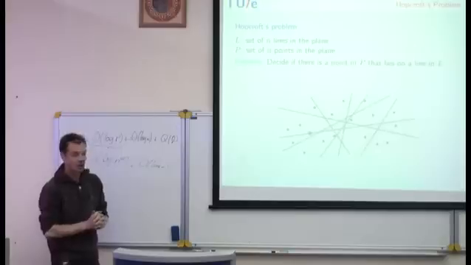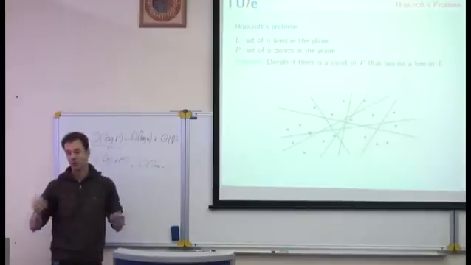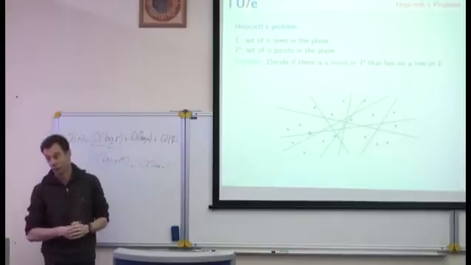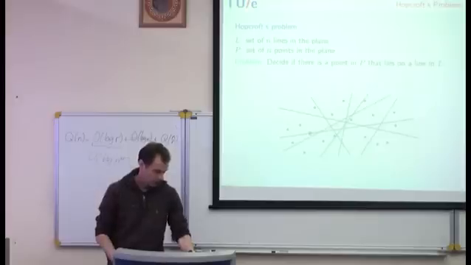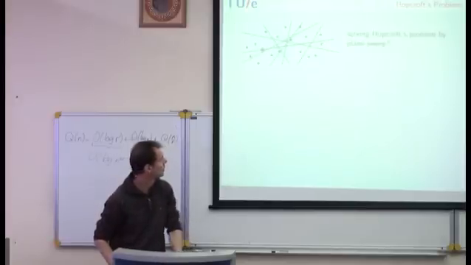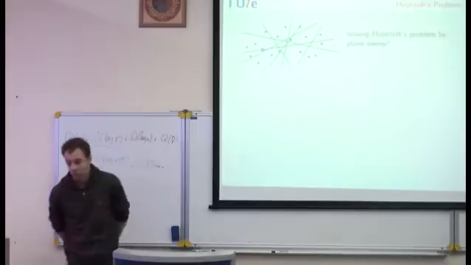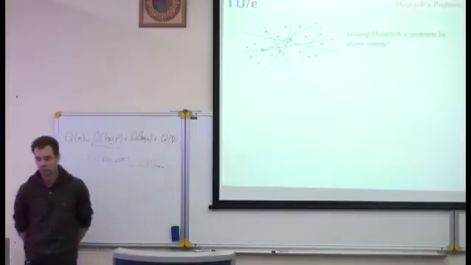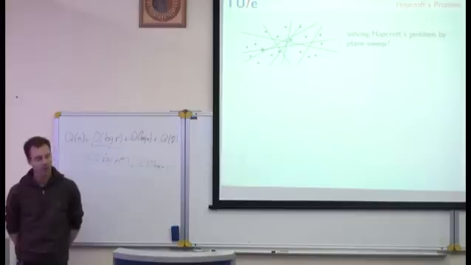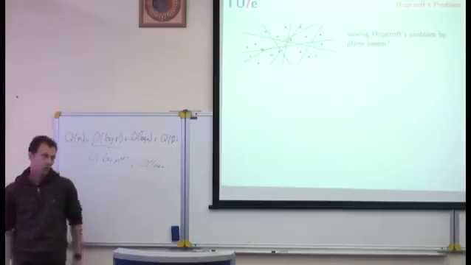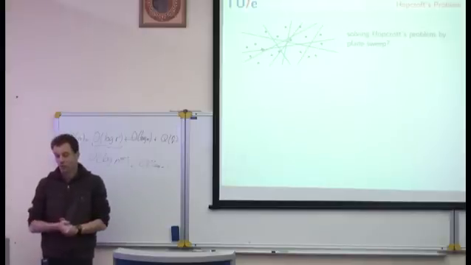And the big question is, how quickly can we do this? So how would you solve it? Well, you can do a plane sweep. What will be the running time if you do a plane sweep? N squared log n, right?